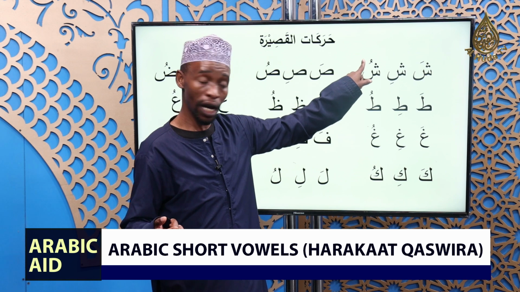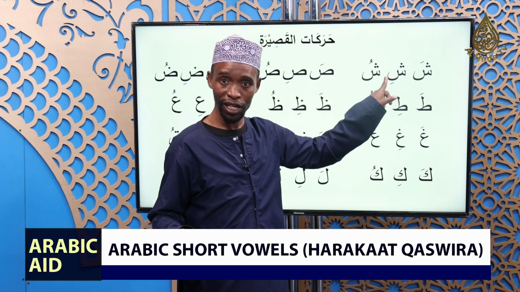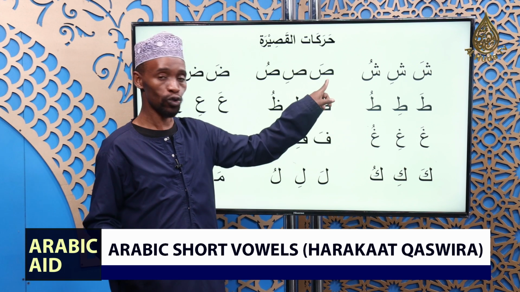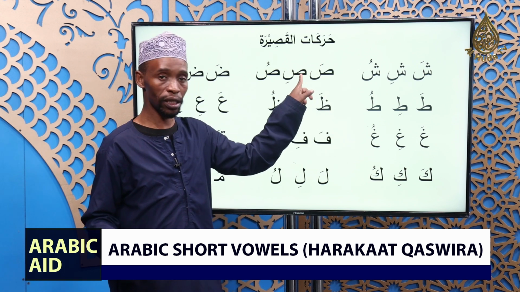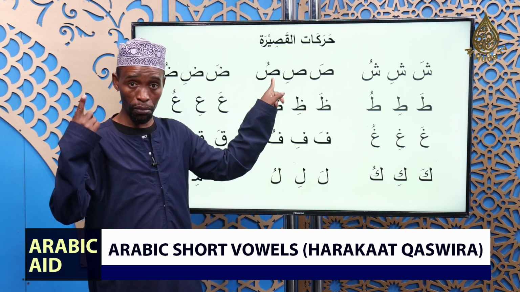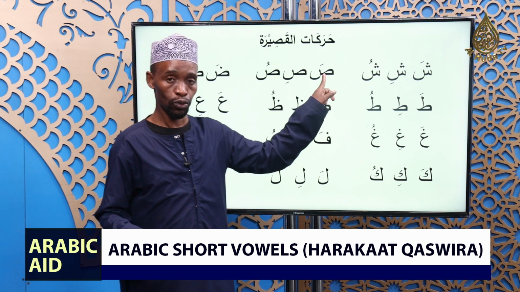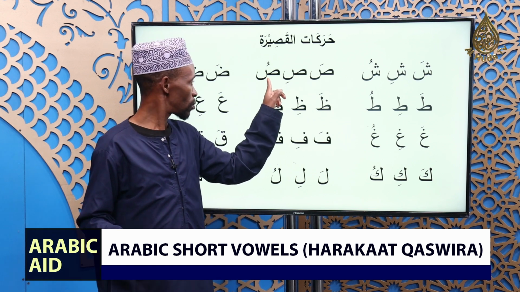Shin, dhamma, Shu. Sha, Shi, Shu. Swad, fatha, Swa. Swad, kasra, Swi. Swad, dhamma, Su. Swa, Swi, Su.